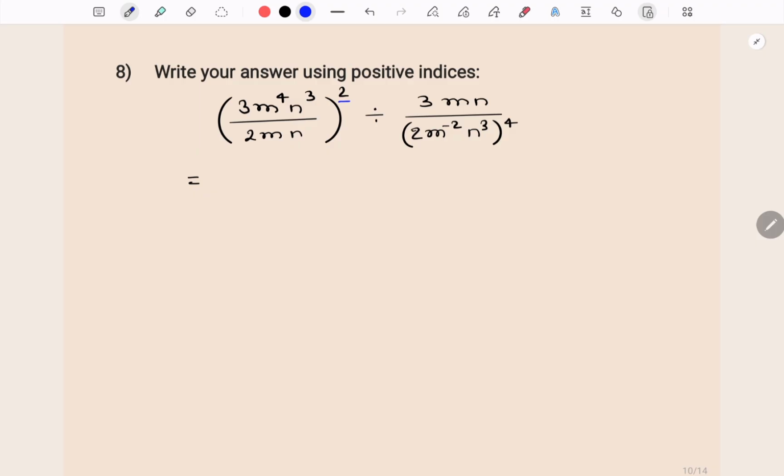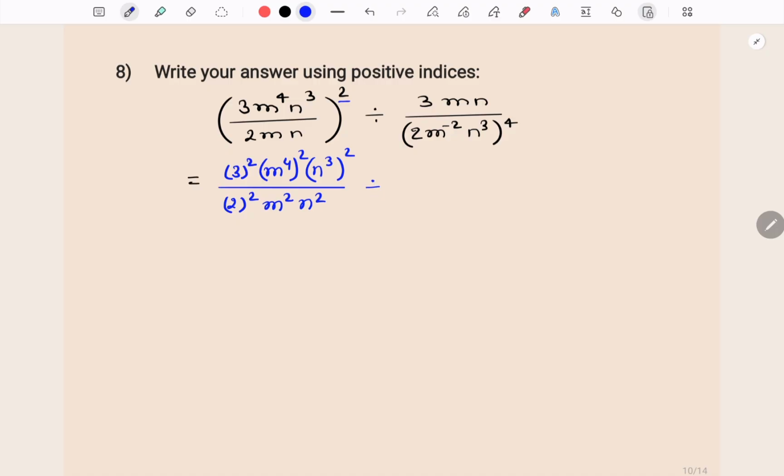So using that logic or principle, we can write it as (3²m⁴) all raised to the power 2, then we have (n³) all raised to the power 2, over 2 raised to the power 2, m squared and n squared.